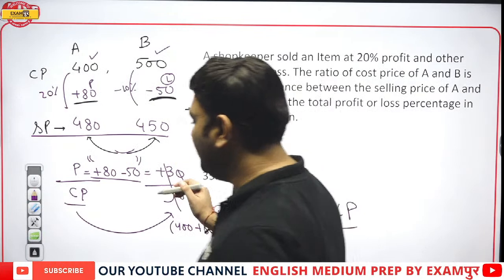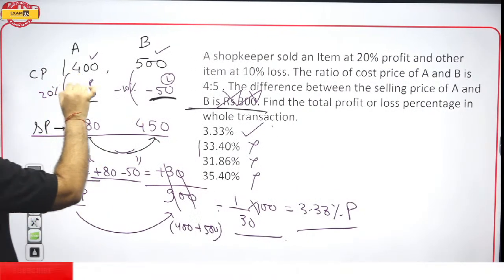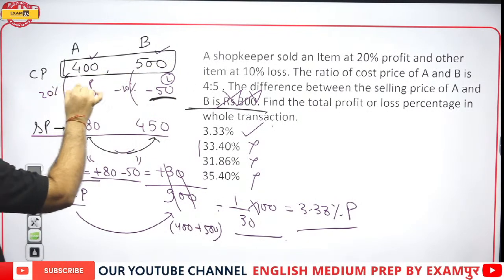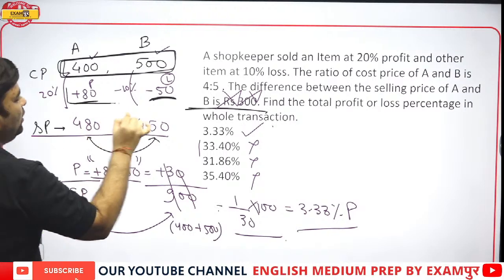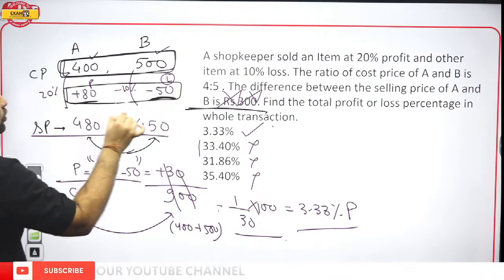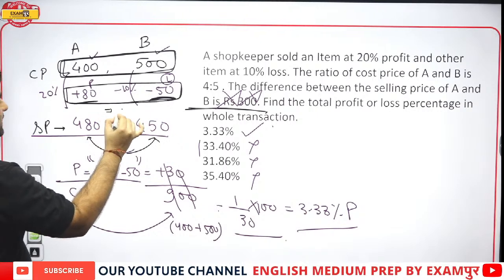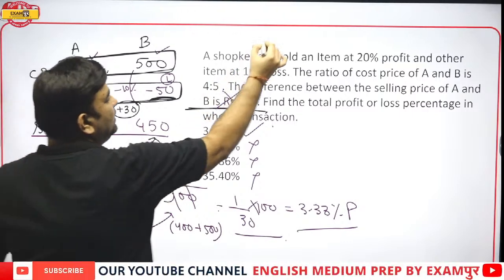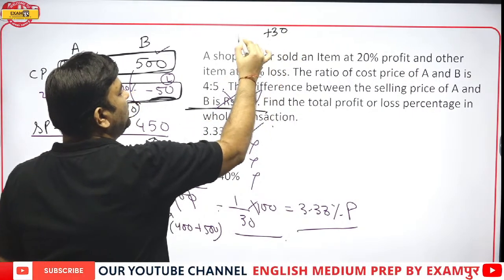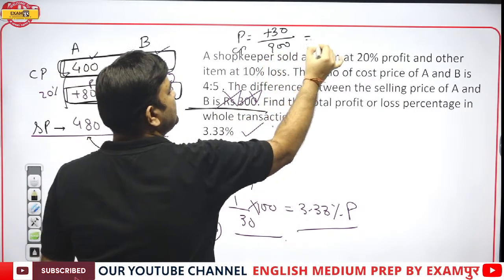So I was knowing my total CP 900, and I was knowing my overall profit loss: plus 80 minus 50, that is plus 30. So overall profit 30 over the complete CP of 900. As simple as this.